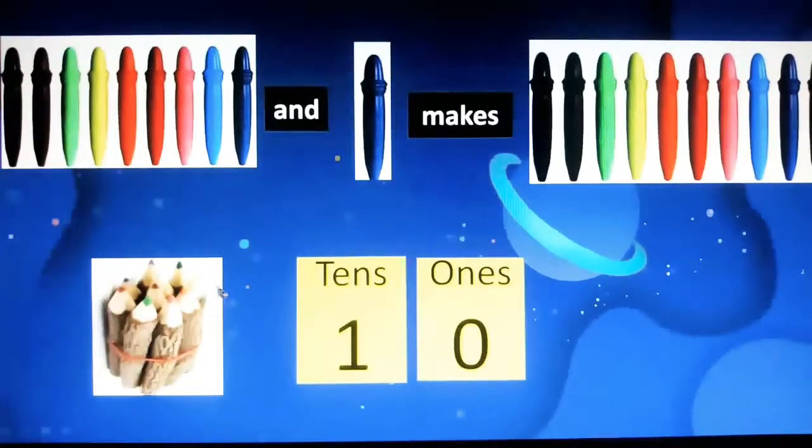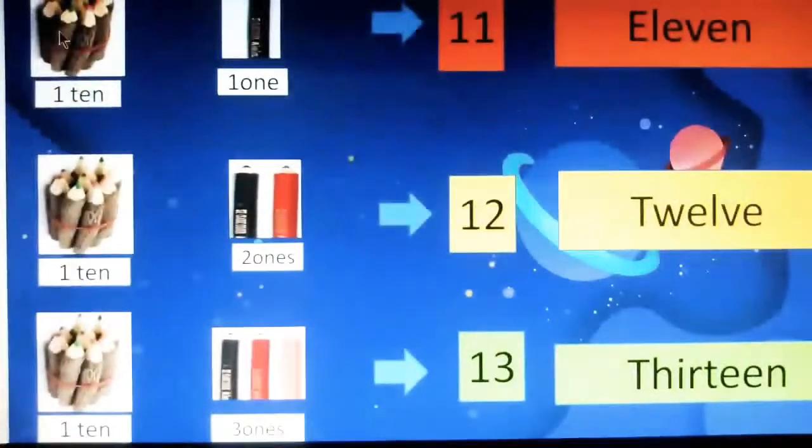The bundle of 10 things is 1 ten. The bundle of 10 things, we call it 1 ten. One bundle of 10 things is 1 ten, and a single thing is a one.